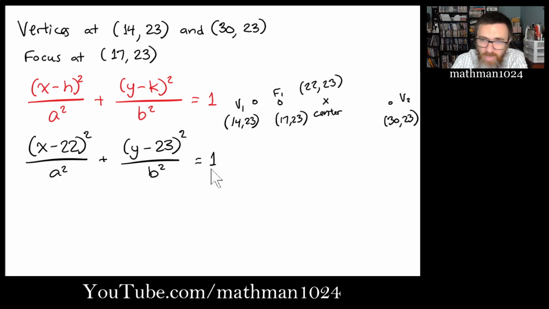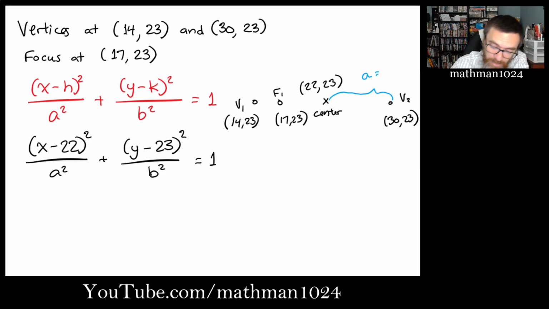All right, no problem. Because we're stretched in the x, we know that the value as I go from the center to the vertex is going to be my a value. And from 17 to 30, that is 13. No, it's not 17. What am I doing?